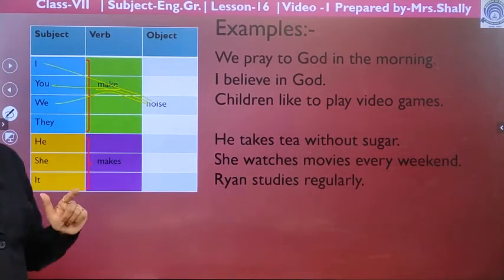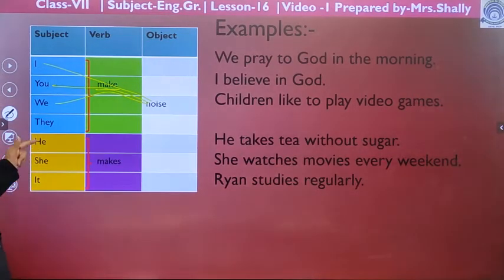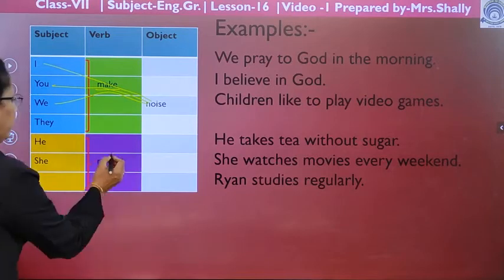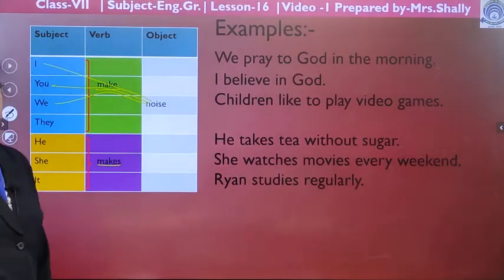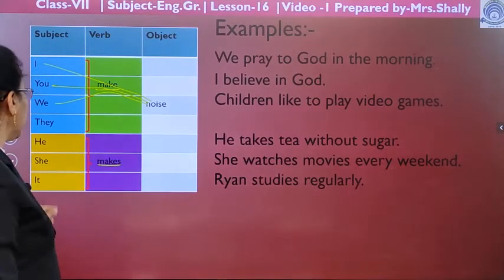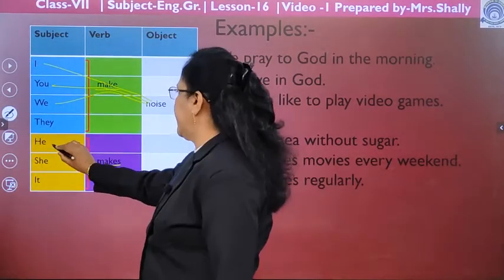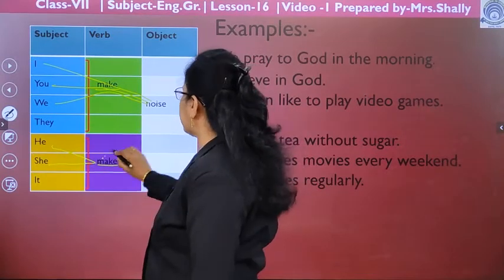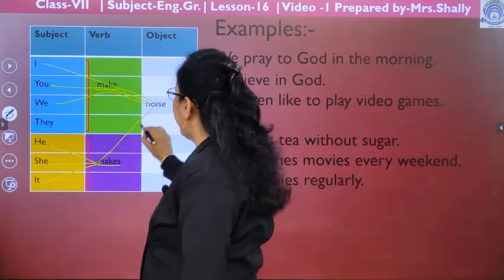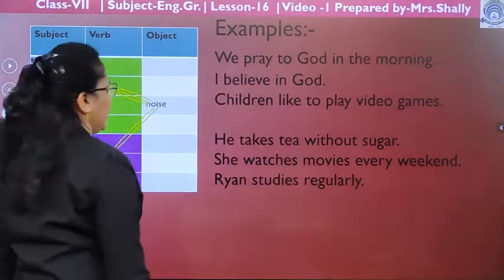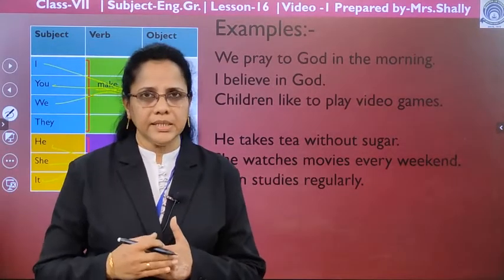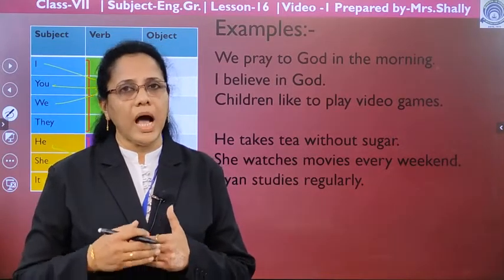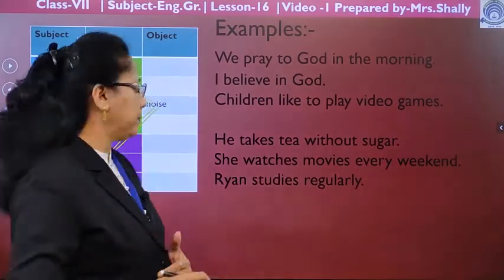Then if the subject is singular, the pronoun he, she, it, we use the verb makes. We add s with the base form of the verb. So he makes, she makes noise or it makes noise. So if the subject is singular, you just add s, es or ies to the base form of the verb.